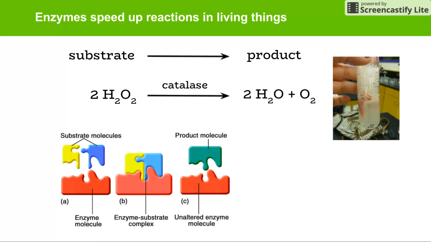And the reason why this happened was because the enzyme, in this liver lab called catalase, was able to speed up the reaction and make this happen. And the only reason that this could happen is because the hydrogen peroxide is able to fit perfectly into that catalase enzyme. And for this reason, enzymes and their substrates are sometimes referred to as locks and keys.